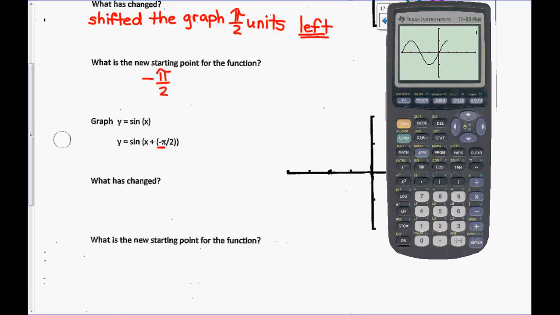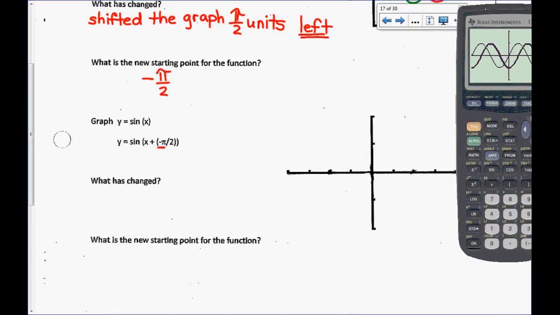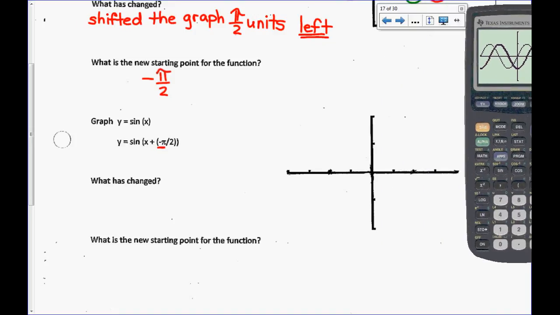There's my original sine function, and there's my new sine function. Okay, so in red, I'm going to mark my original sine function, which I should be getting pretty good at drawing these now.